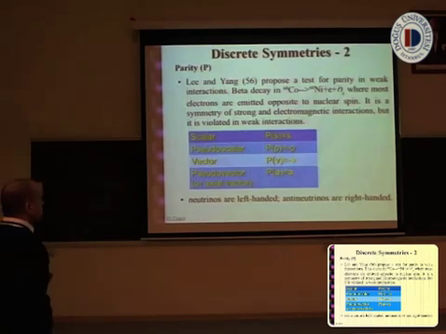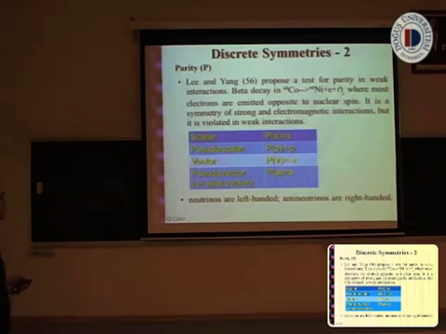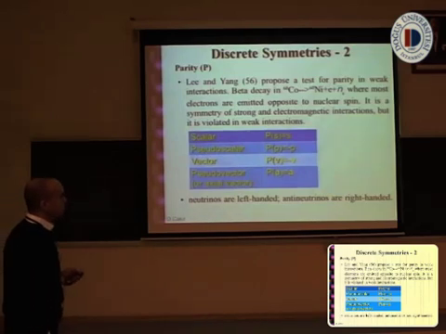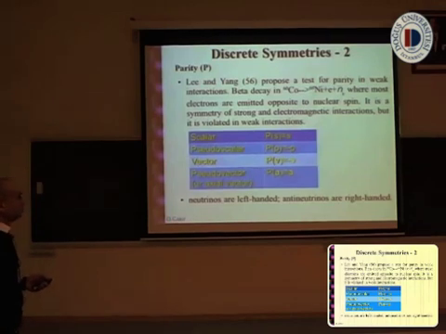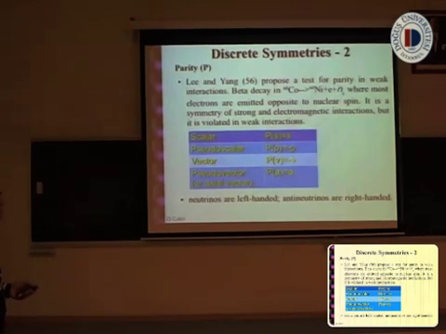So some of the properties of this transformation. For example, for a scalar, P acting on S gives you S, and for a pseudoscalar, it gives a minus sign. For a vector, it gives minus V, and for a pseudovector or axial vector, it gives A again, and it doesn't change sign.